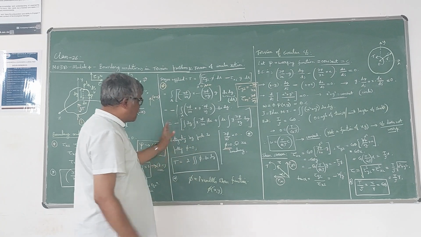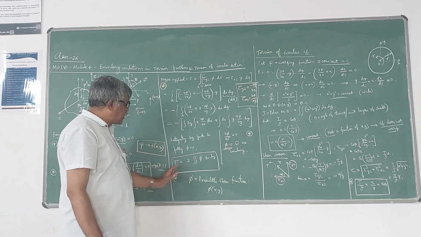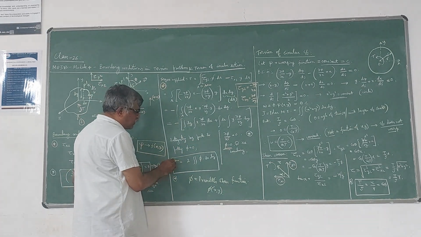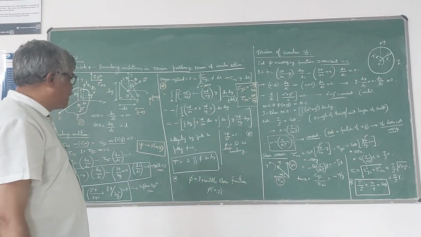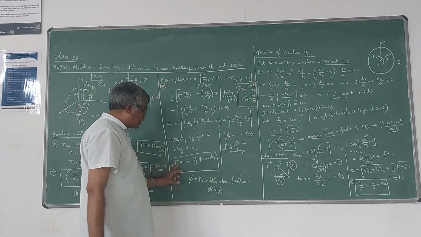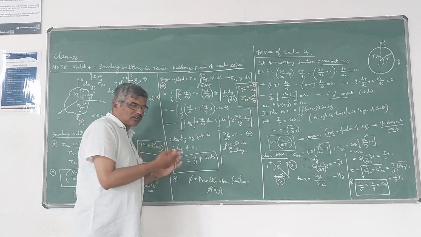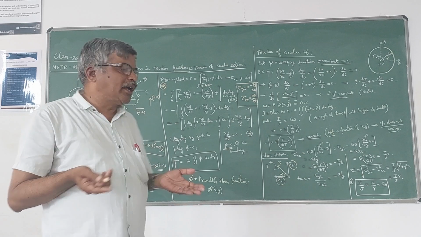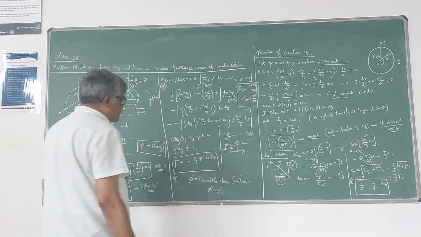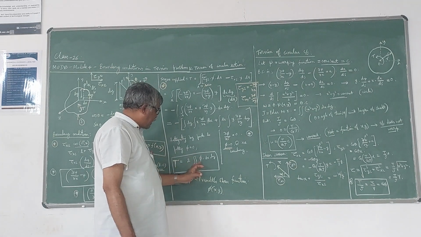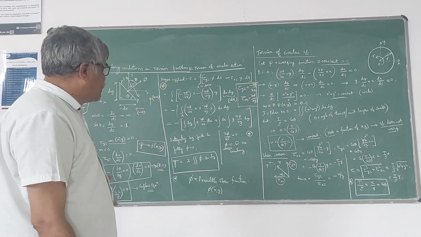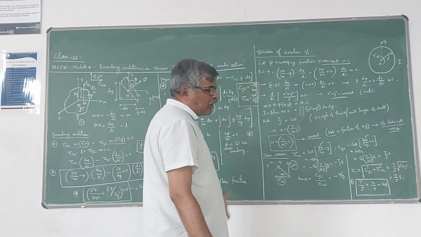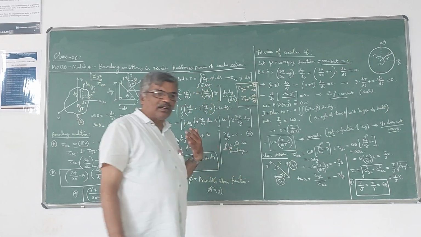So if you put all those things here and integrate by parts, you finally get T equal to 2 times the double integral of phi dx dy. This is the expression for the applied torque. We can find the applied torque by knowing the Prandtl stress function. If you know phi, you can calculate T. For any type of cross section, this formula is valid. Next, let us check the case of a circular cross section.